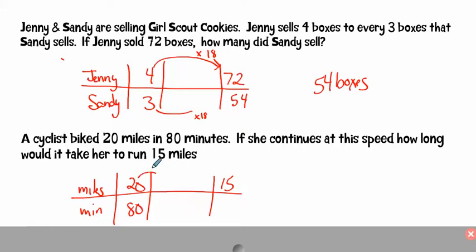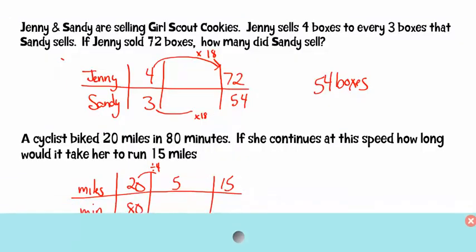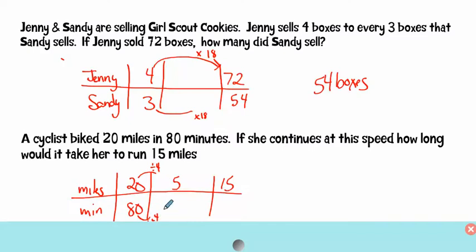If I divide by 4, I get 5. If I divide by 4 here, I get 20. So 5 times 3 gives me 15, so times 3 gives me 60. So how long is it going to take her? It's going to take her 60 minutes. All right, so that was a review from what we've done in the past, okay?